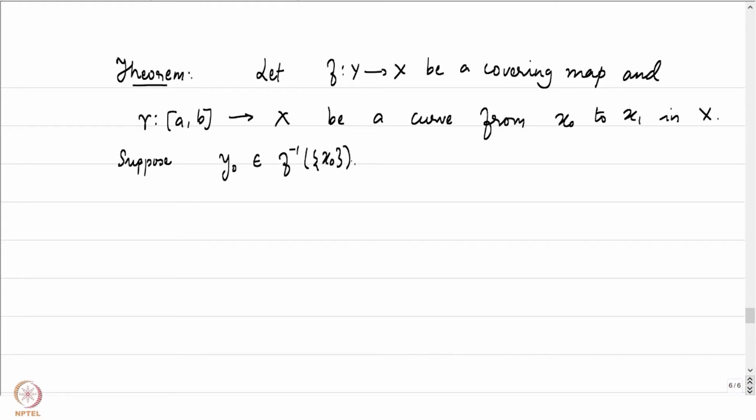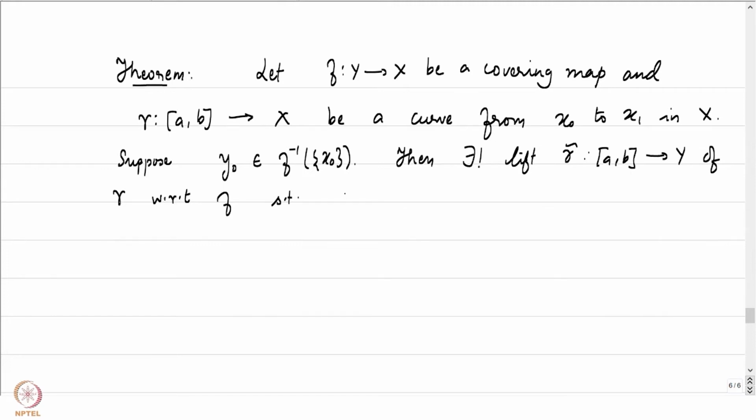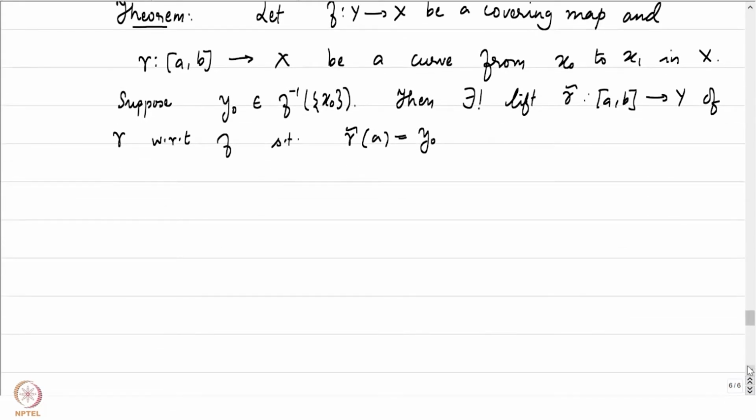That means f of y0 is equal to x0. Then there exists a unique lift gamma tilde from [a,b] to Y of gamma with respect to f, such that gamma tilde of a is equal to y0. That means we can get hold of a lifted curve in capital Y which has the initial point exactly at y0.